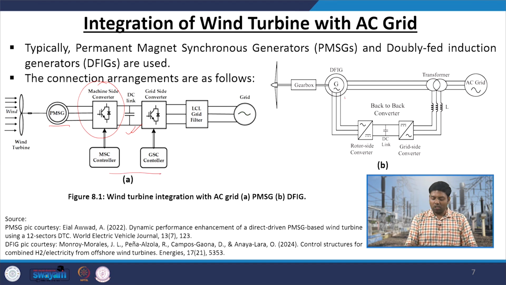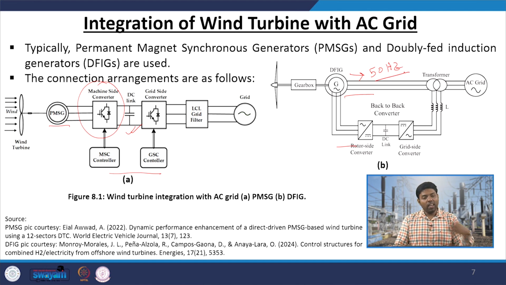Another setup is called a DFIG setup, that is a doubly fed induction generator setup, where the stator output of the DFIG is in synchronism with the grid, and you will get supply in the 50 or 60 hertz power output. The excess amount of power you will take from the rotor, and obviously, if it is an induction generator, the speed is more than its synchronous speed, that means it is running at a super synchronous level.